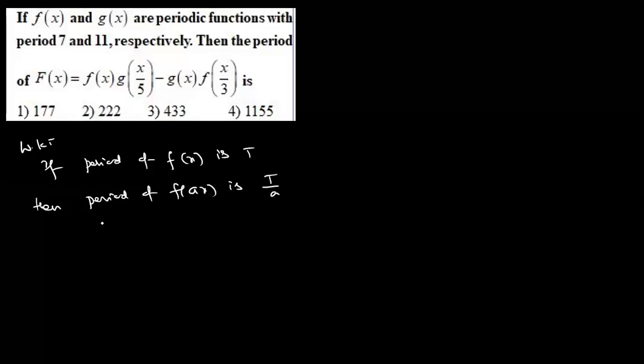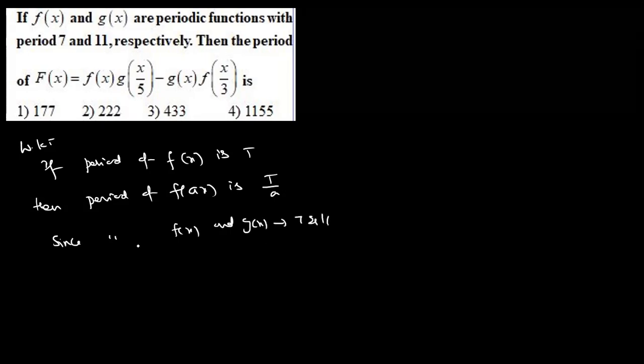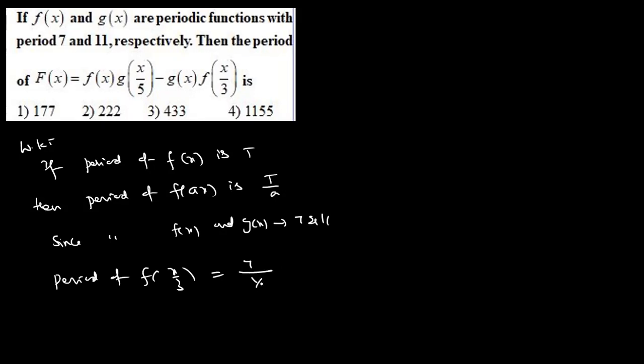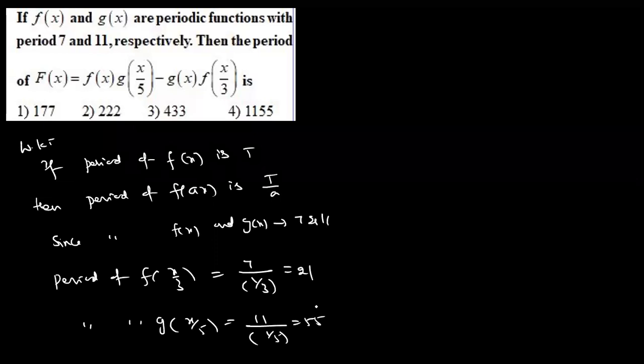Now since f of x and g of x have periods 7 and 11 respectively, anyone please tell me the period of f of x by 3? 7 by 1 by 3, that is 21. Period of g of x by 5, that is 11 by 1 by 5, means 55.